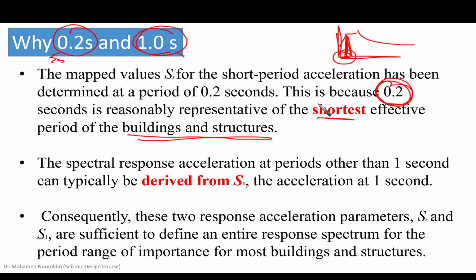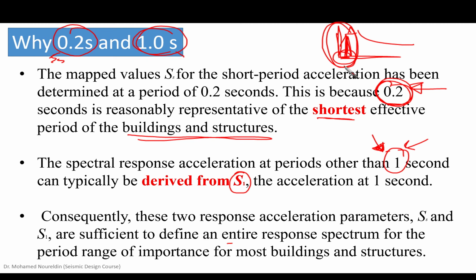The spectral response acceleration at periods other than 1 second can typically be derived from S sub 1. So this means that 0.2 is representative of the shortest period available, and 1 second is considered a reasonable assumption from which to derive any longer period structures. Consequently, these two response acceleration parameters, S sub S and S sub 1, are sufficient to define an entire response spectrum.